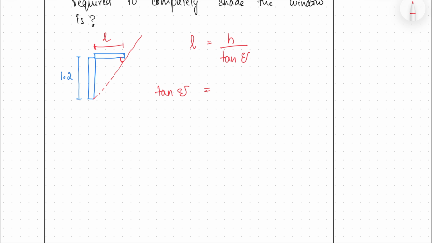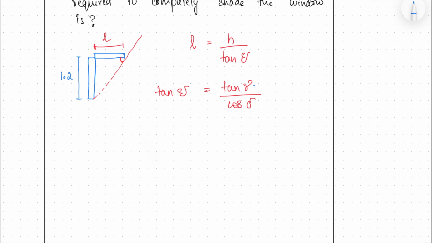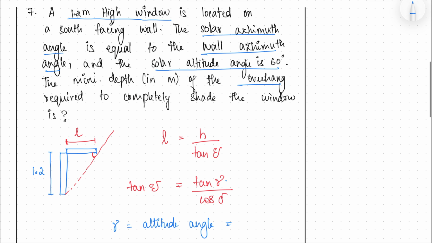Tan epsilon can be written as tan gamma by cos delta. And what is gamma? Gamma is the altitude angle. Okay, so this gamma is your altitude angle, which is given in the question as 60 degree.